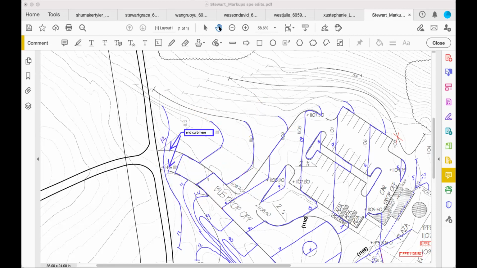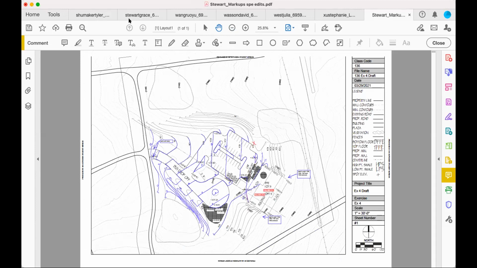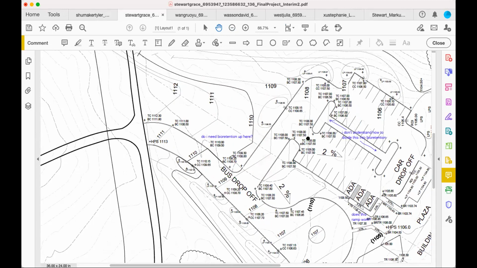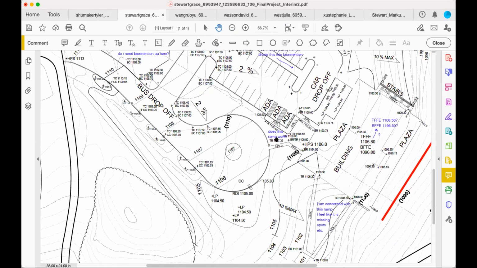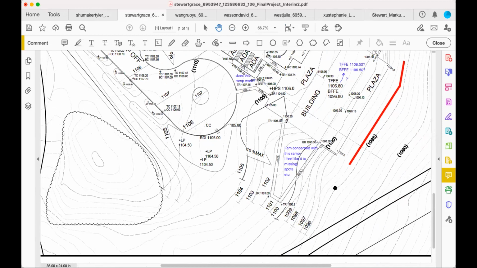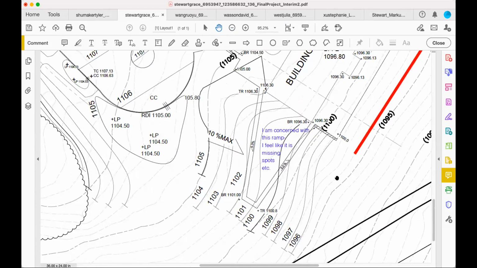My other PDF is more detailed. It's on your sheet here. You have, oh, the ramp. I'm concerned with the ramp. I think the general layout is right, but I'm not sure if it actually works. Okay.